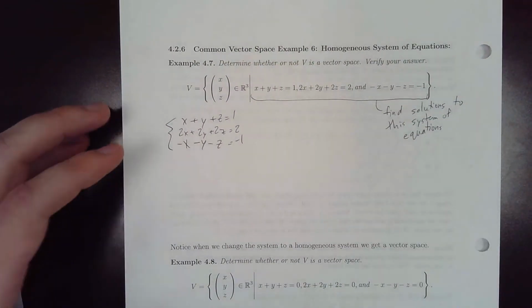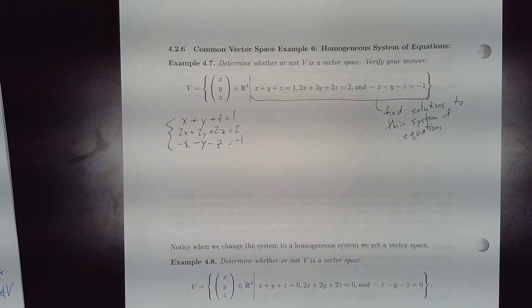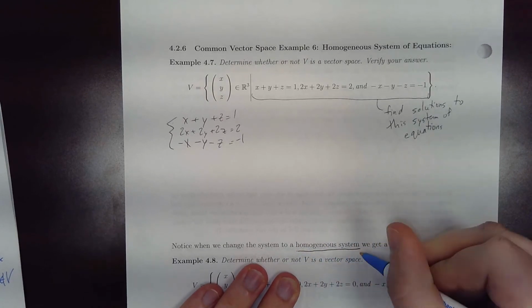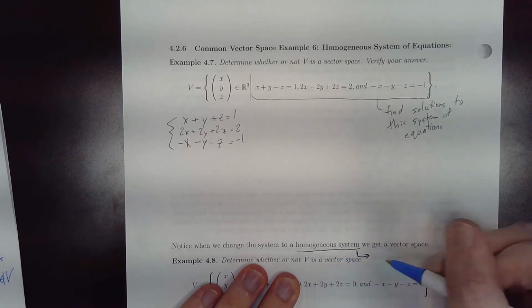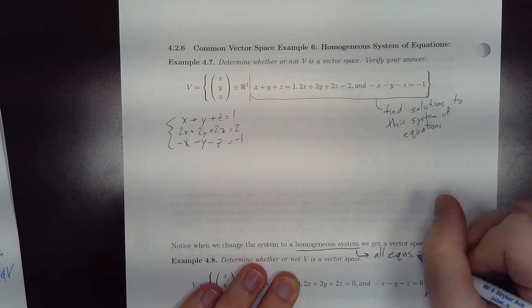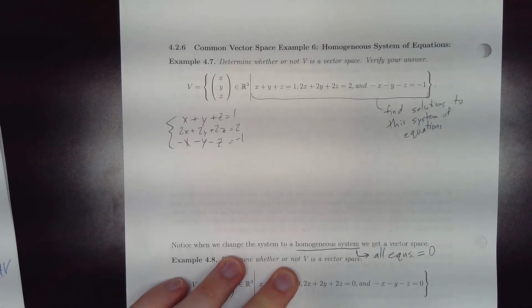I think we may or may not have seen before. A homogeneous system of equations means that all of these equations equal 0.